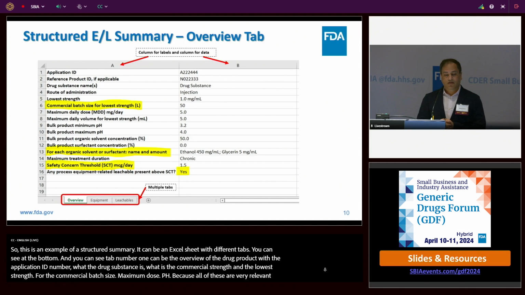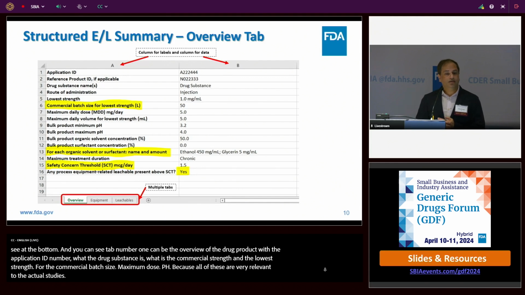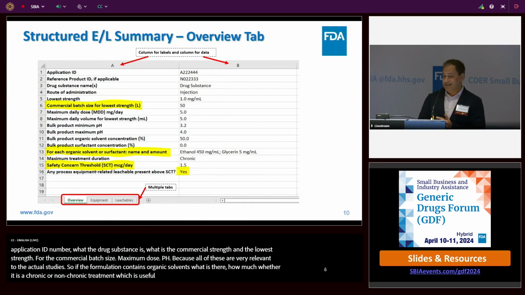So if the formulation contains organic solvents, what organic solvents are there, how much, whether it's a chronic treatment or non-chronic treatment, which is useful to determine correct SCT.